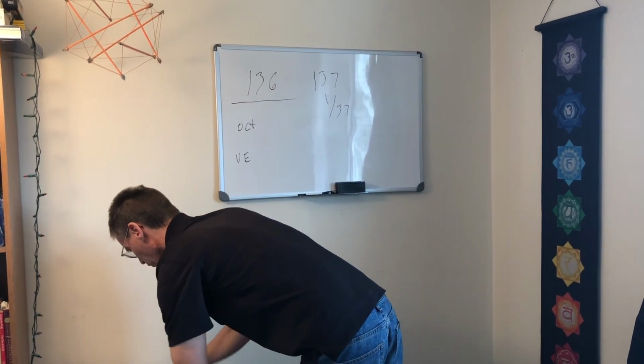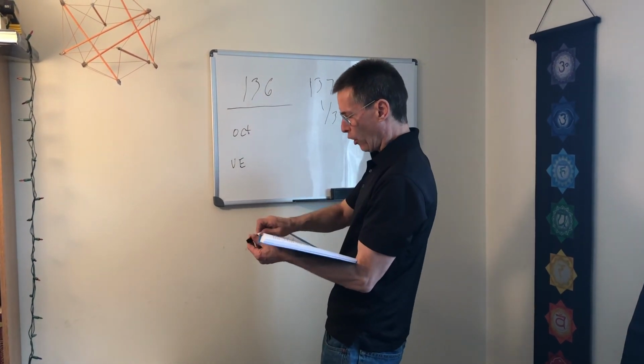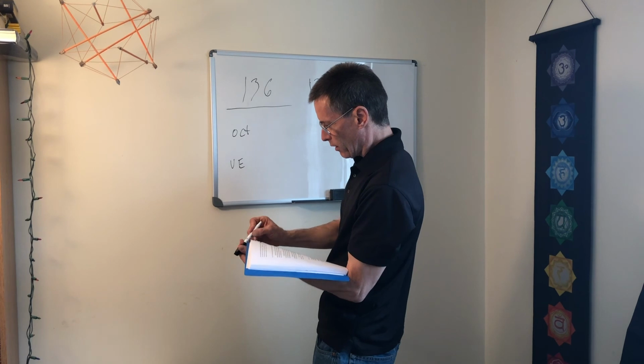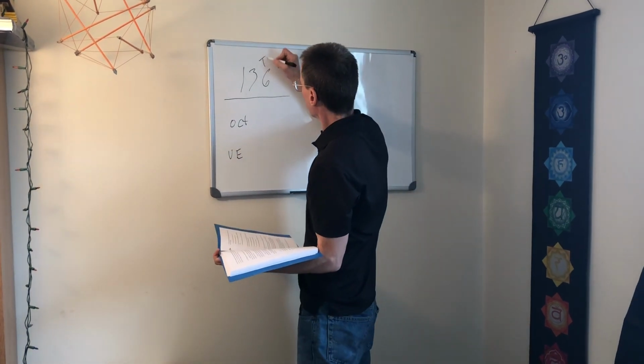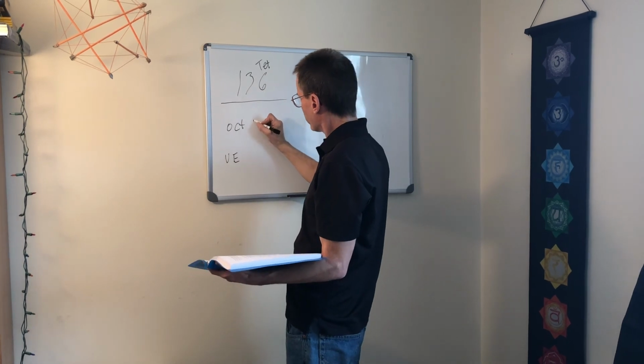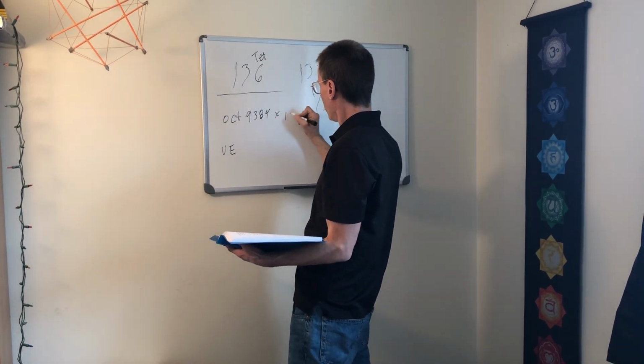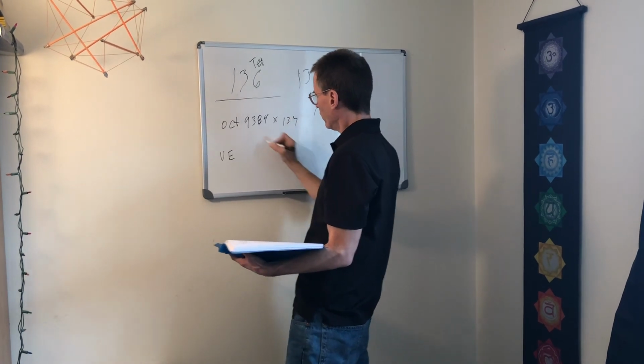For instance, the total number of vectors in the octahedron at the heart of the tetrahedron, which is a 136 frequency, has exactly 9,384 vectors times 137 vectors.